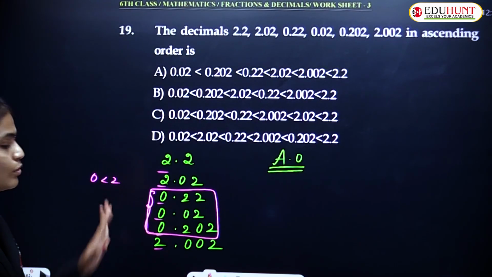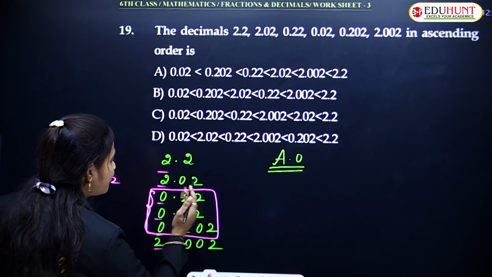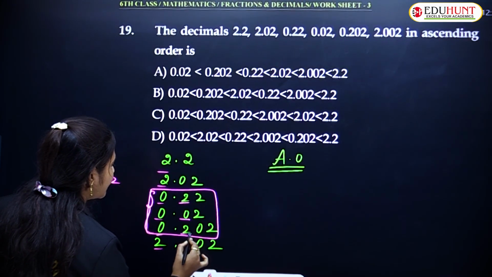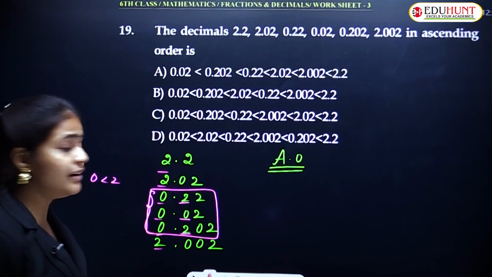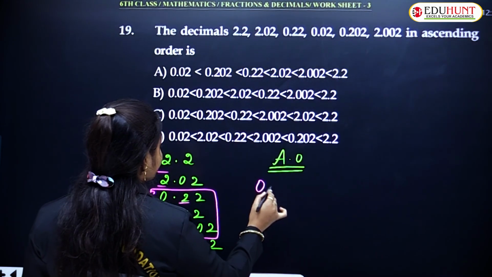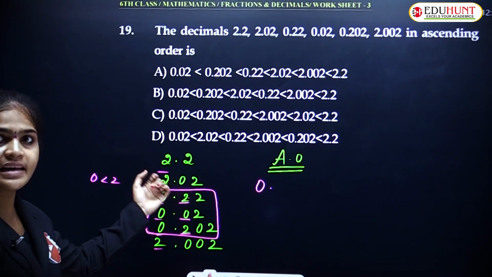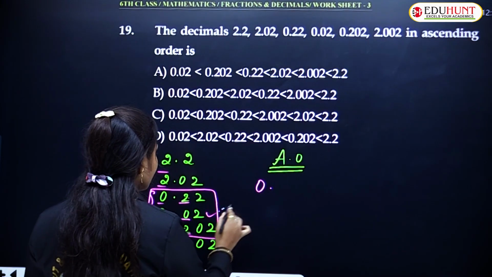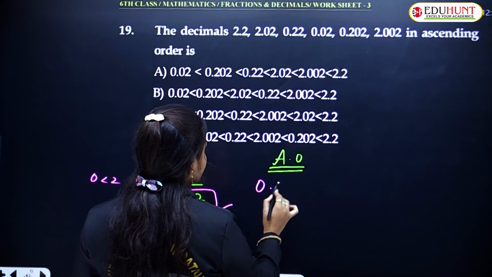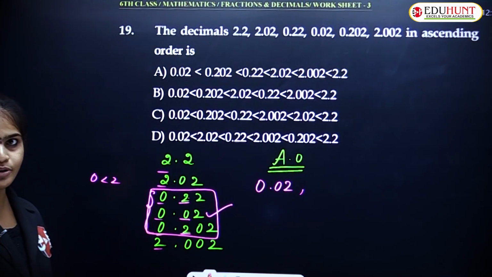After that, check the first digit after the decimal point. Here 2 is there, here 0, 2. Again 0 is less than 2. That's why the first number you have to write is 0.02.